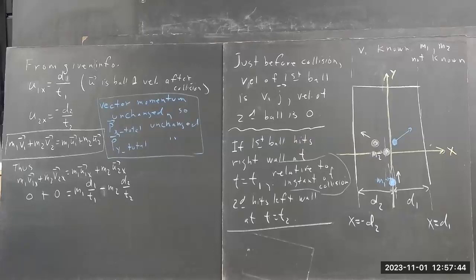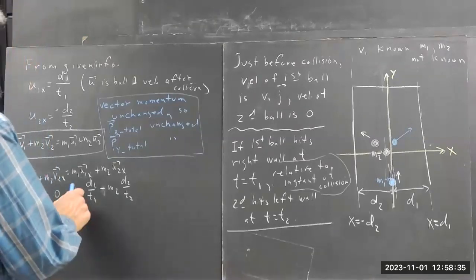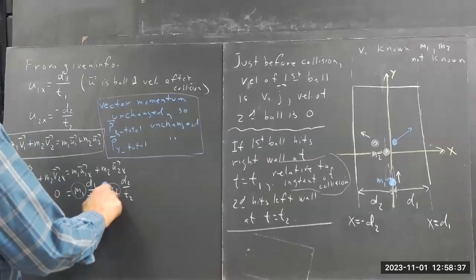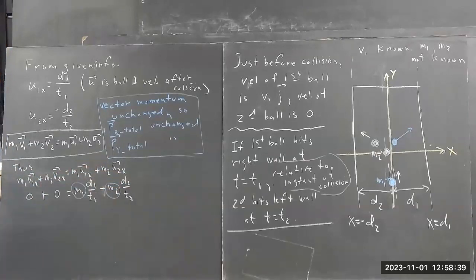Okay. Now, what is it that you know and what is it that you don't know about that equation? Okay, so what's known and what's unknown? Well, the only things that are unknown are M1 and M2. We know everything else, or at least we'll be able to determine it.